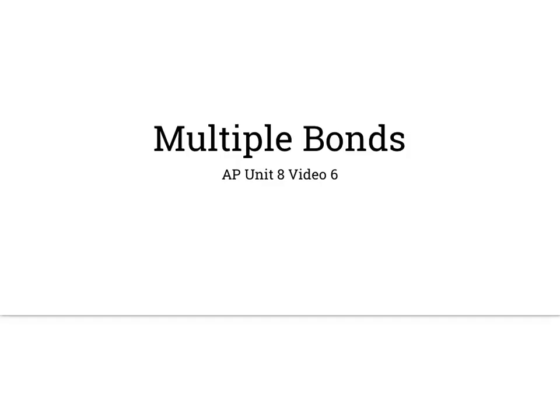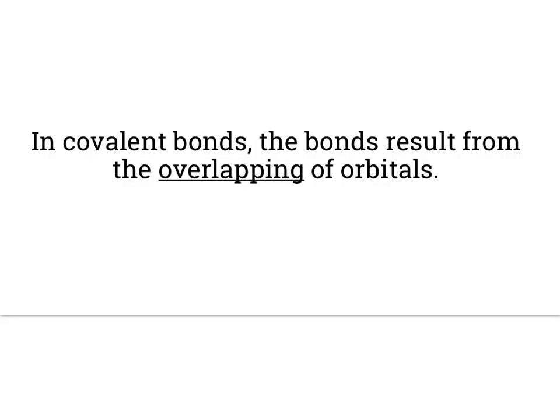Welcome to video 6. We're talking about the multiple bonds that actually exist in the bonds that we have in molecules. Here we go. In covalent bonds, the bonds actually result from the overlapping of orbitals. So a single covalent bond is this.